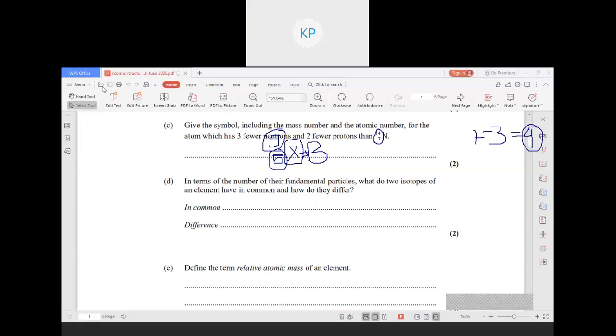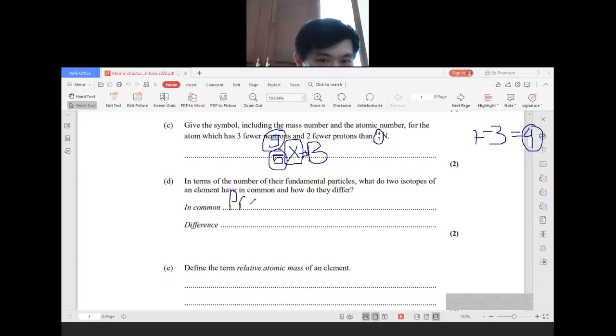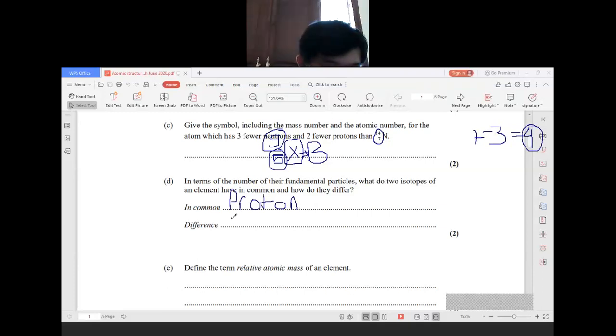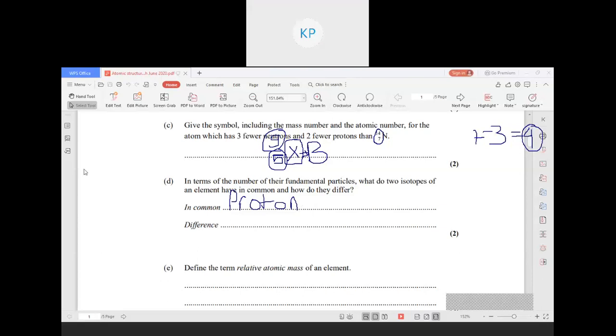Same number of neutron. No, wait. Number of proton. Yes, same number of proton. And what do they have different? Different number of neutron. Exactly. So the difference is the neutrons. The same is the proton.